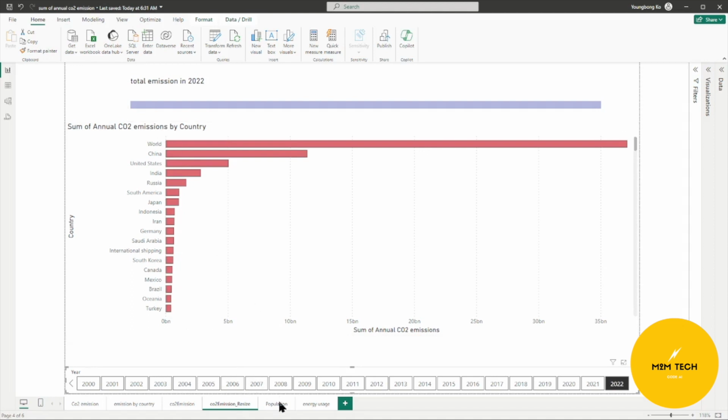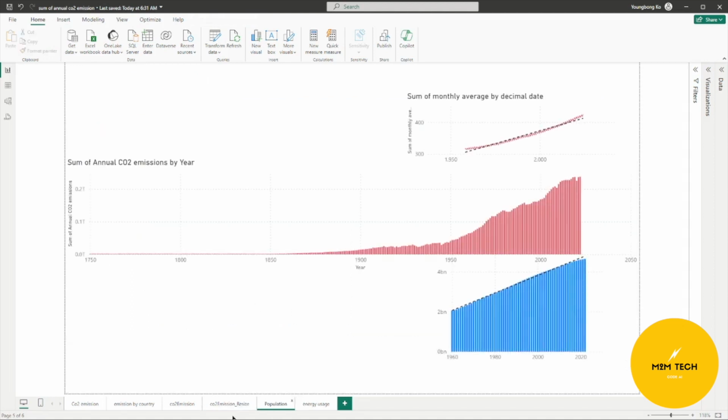I brought up an additional indicator, which is population. So the main reason I can tell is the population growth. And in here, I've carefully sized this up.